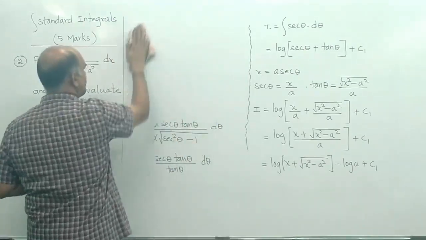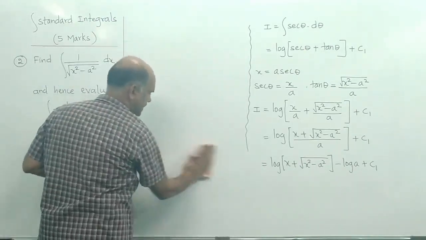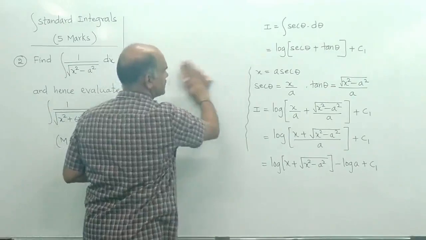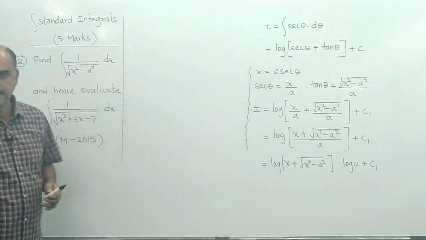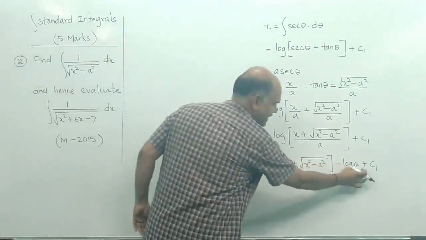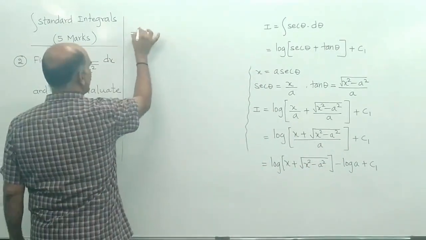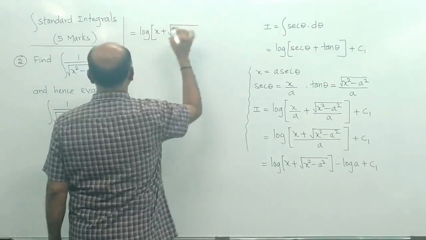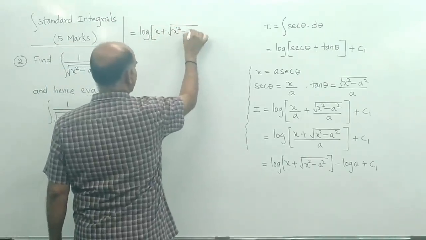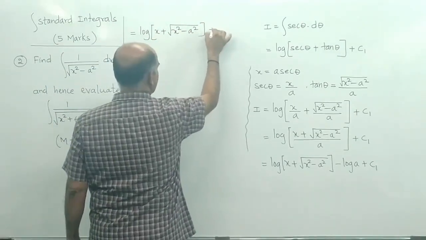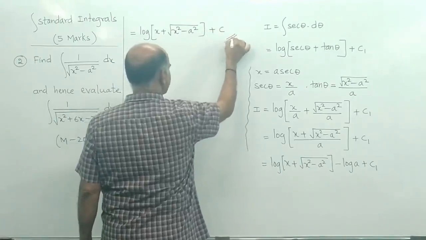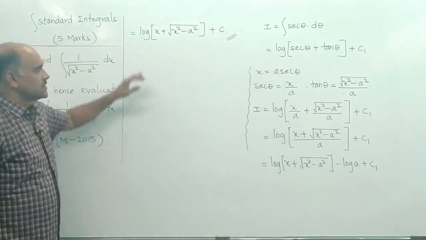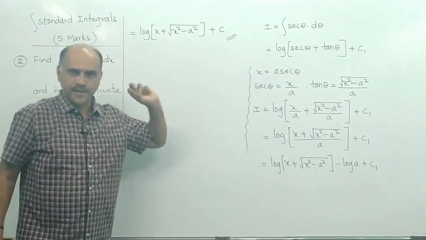So if you add or subtract two constants, again you will get a constant. So minus log a plus C1 I will write as C. So our final answer is log x plus root of x square minus a square, bracket complete plus C. So this is worth 3 marks.